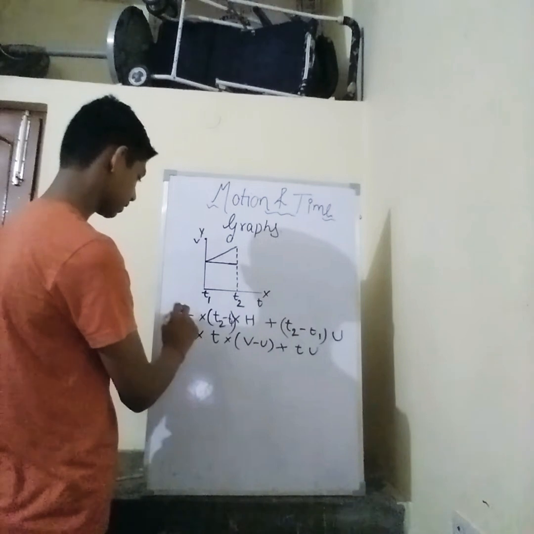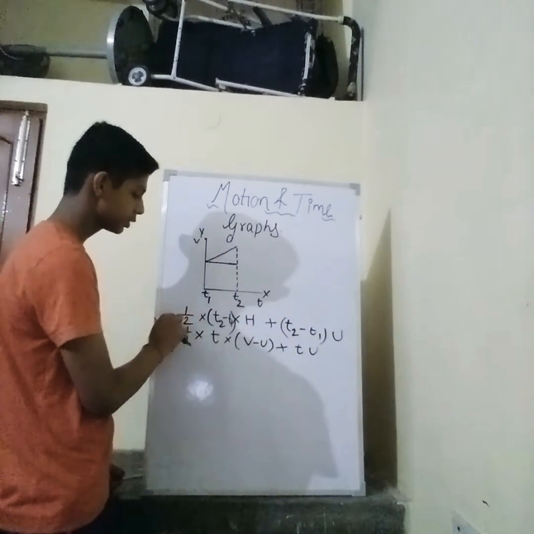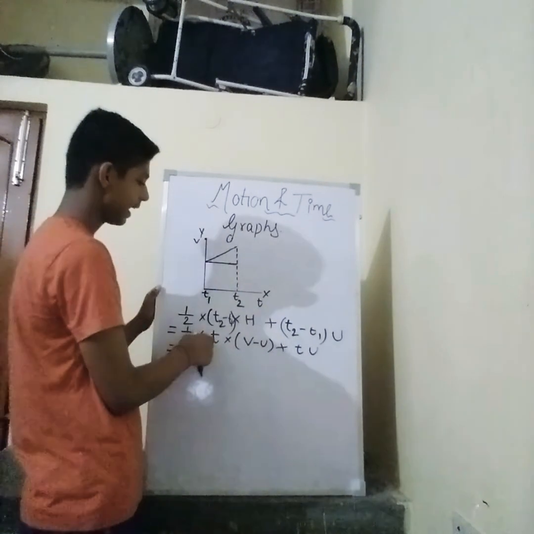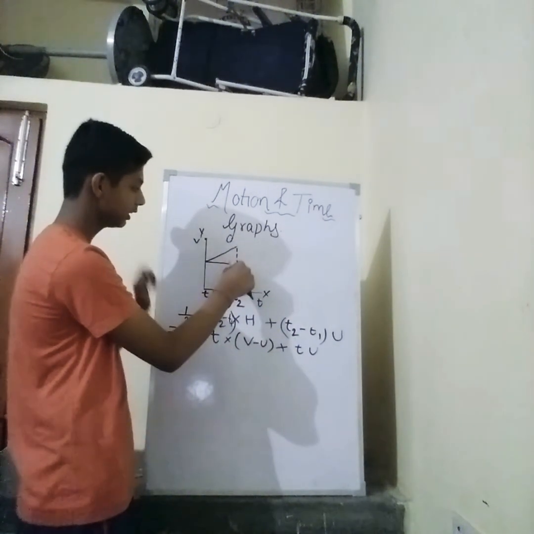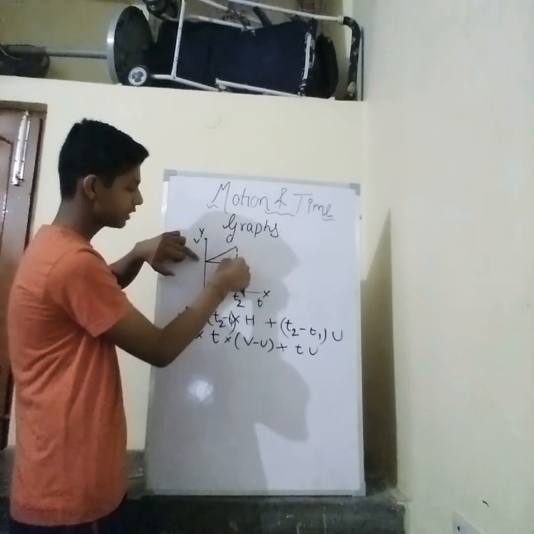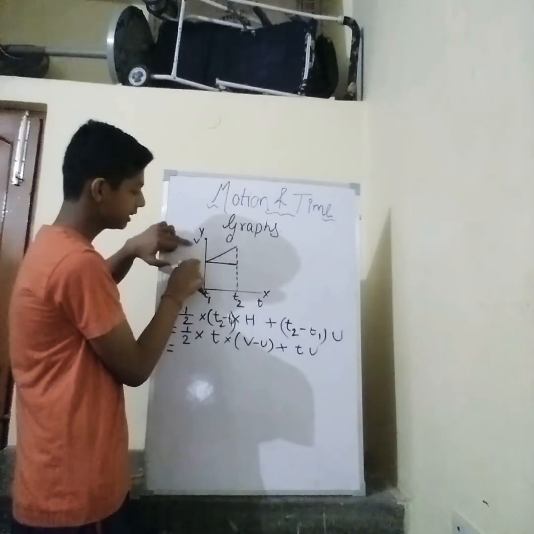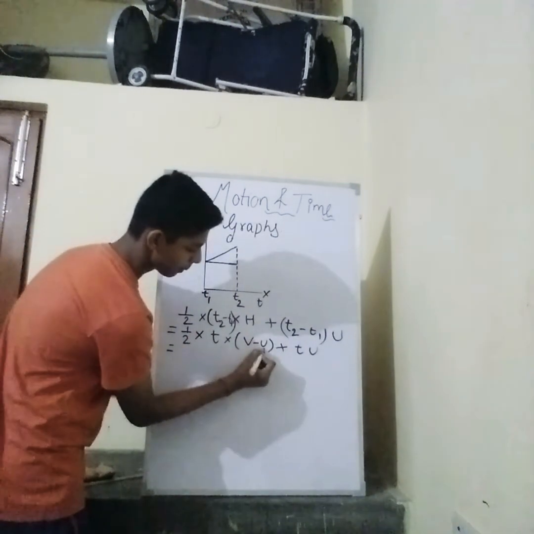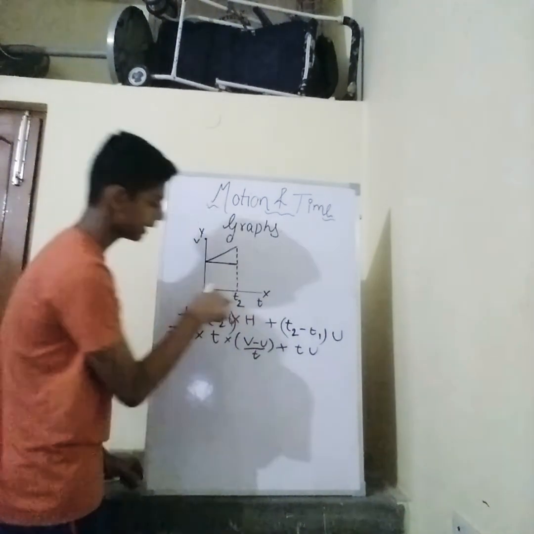Here is some mistake, one minute. 1 by 2 into base will be t2 minus t1, which results in t, and height will be the final velocity v minus u by time.